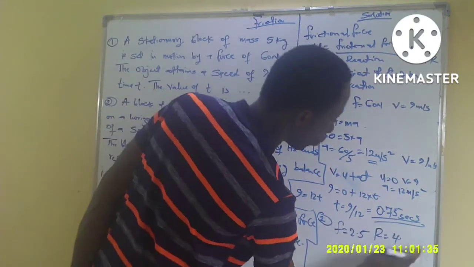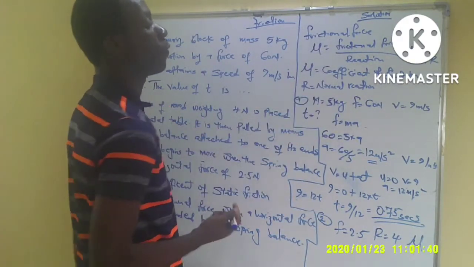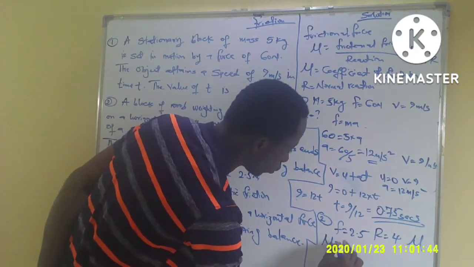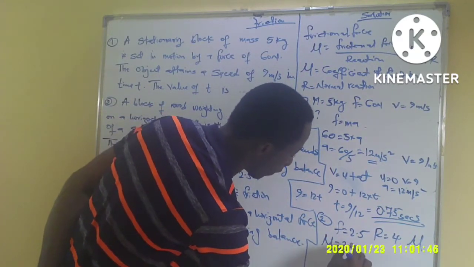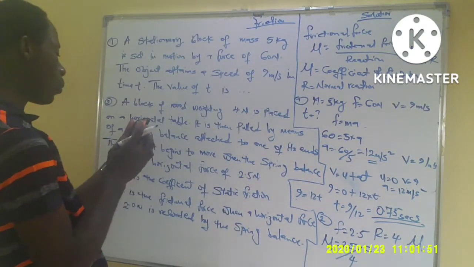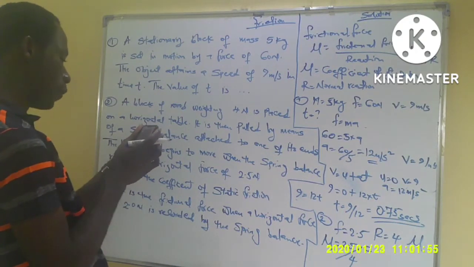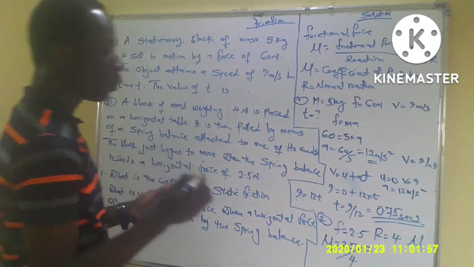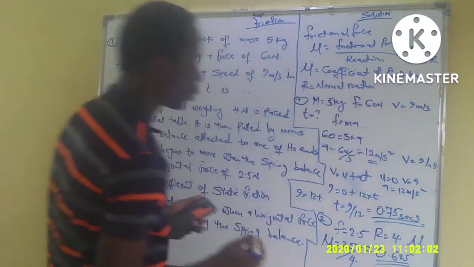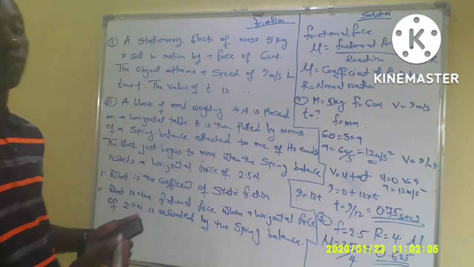Mu, static friction, the formula is mu equals F over R. So at the end of the day, our static friction is equal to 2.5 over 4. So 2.5 divided by 4 gives us 0.625. It has no units. So our coefficient of static frictional force is 0.625.